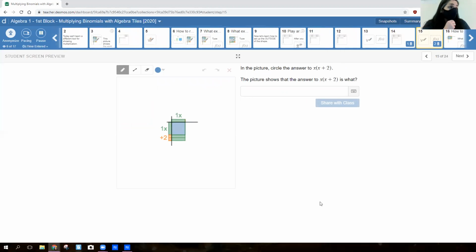So that was our picture. So the picture shows that the answer to x times x plus 2 is what? Go ahead and type what the answer would be. Remember that your answer is only these terms on the inside.